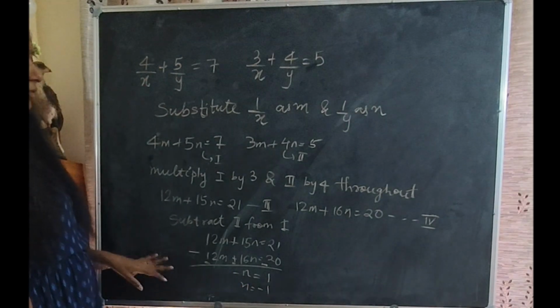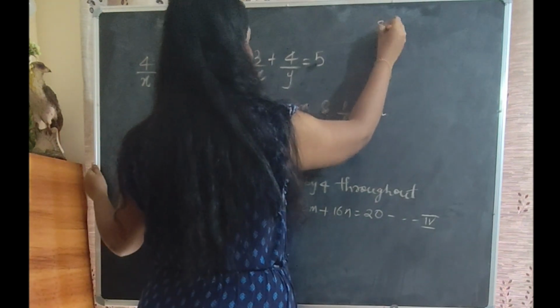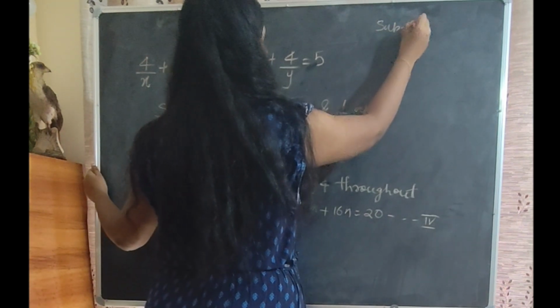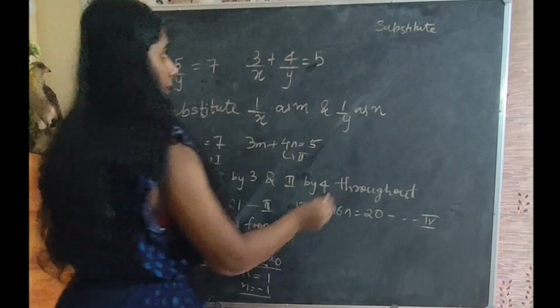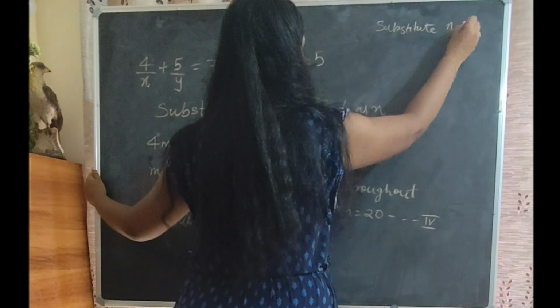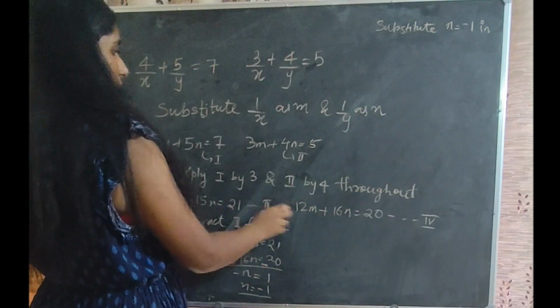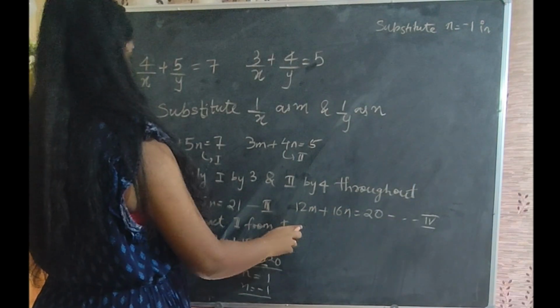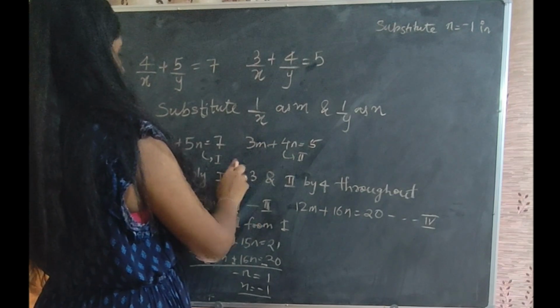Now we got the value of n, so we need to substitute n as minus 1 in equation 3 or 4, or in equation 1 or 2, any one of them.